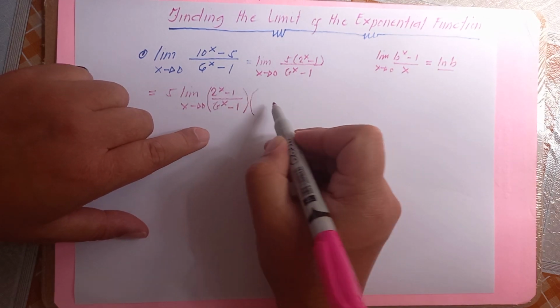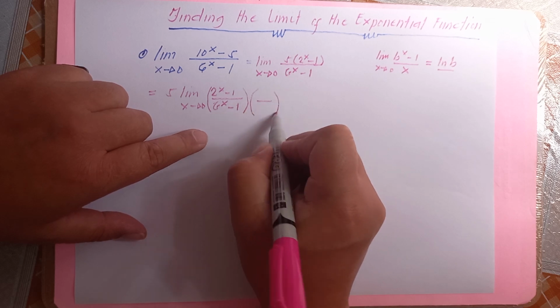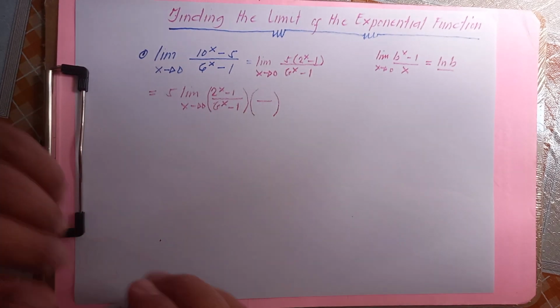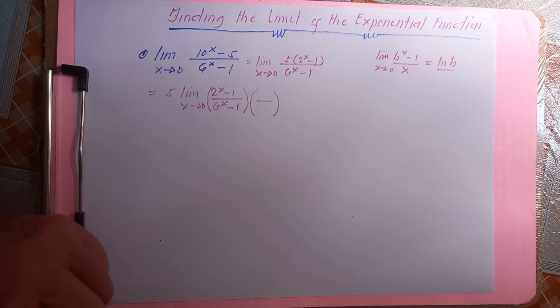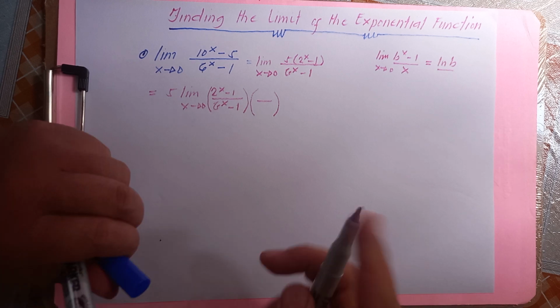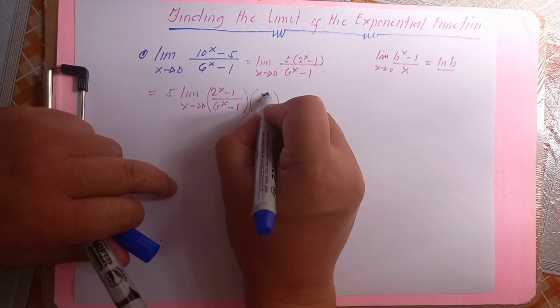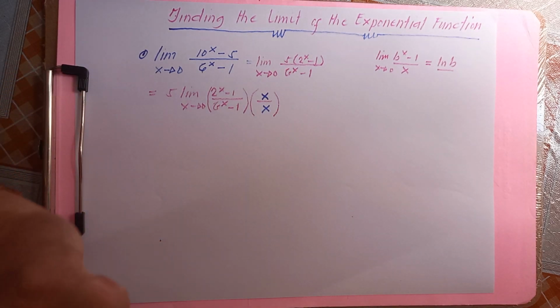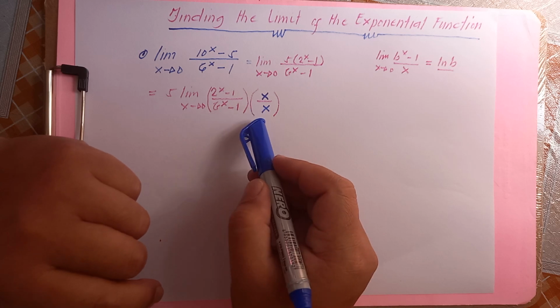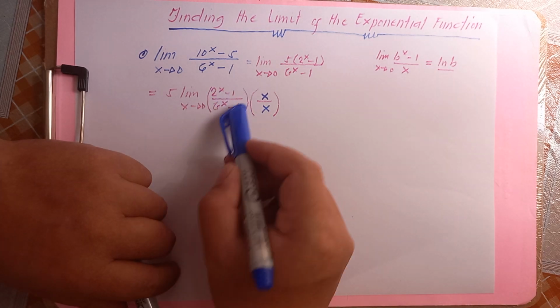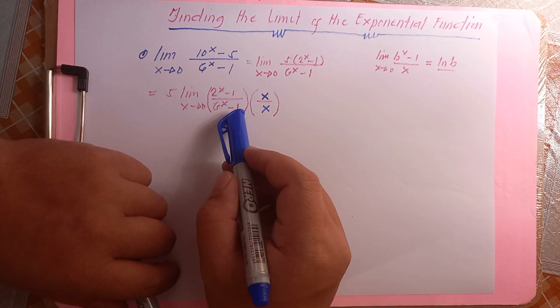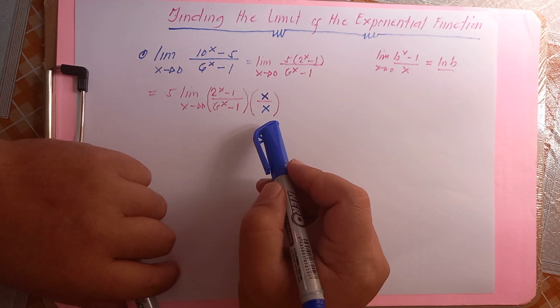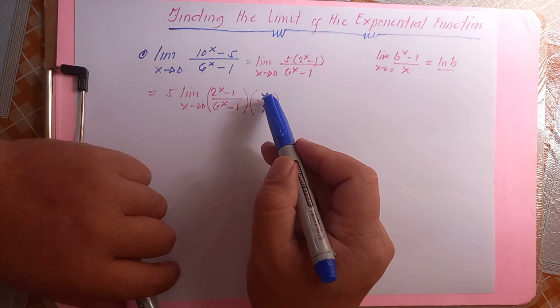Okay, so we have to multiply 1, which is defined by x over x. So that is our 1, which is to be multiplied with this statement, with the 1 defined as x over x.